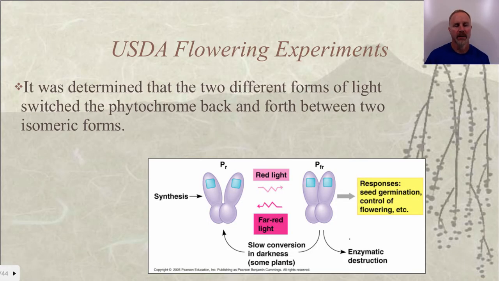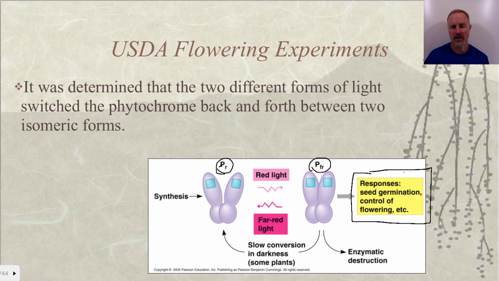And if you look at the flowering types of experiments, what they were able to show here was that the plant makes what's called Phytochrome red, or PR, and this is the kind that optimally absorbs red light. The red light converts it into the PFR form. And this PFR form here is what's responsible for germination.